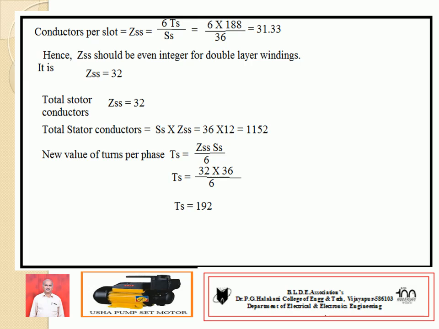Then, as per this final value of conductors, new value of stator turns per phase, TS equal to ZSS into SS divided by 6. So, TS equal to 192 as per the new value of stator slots.